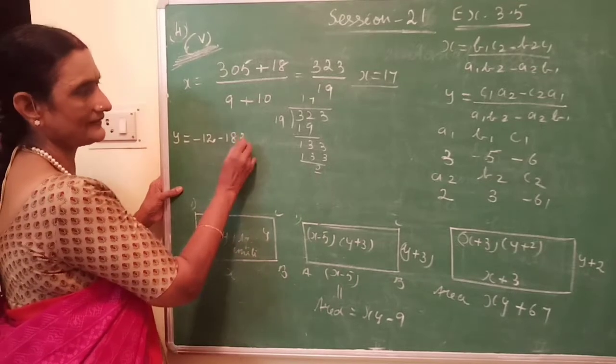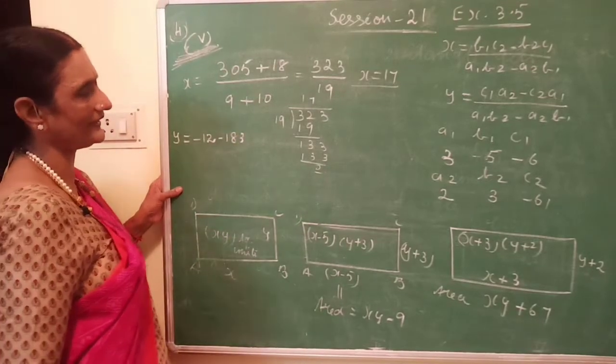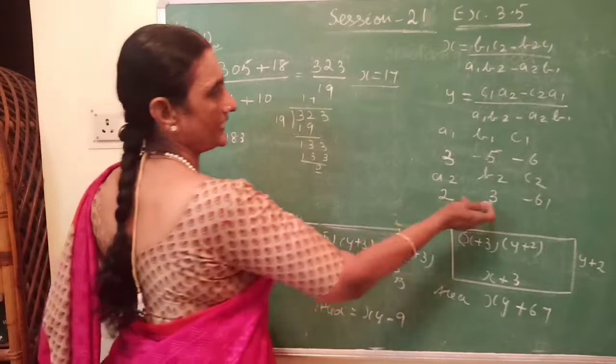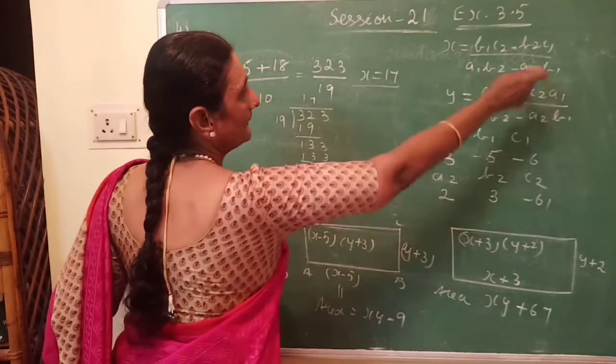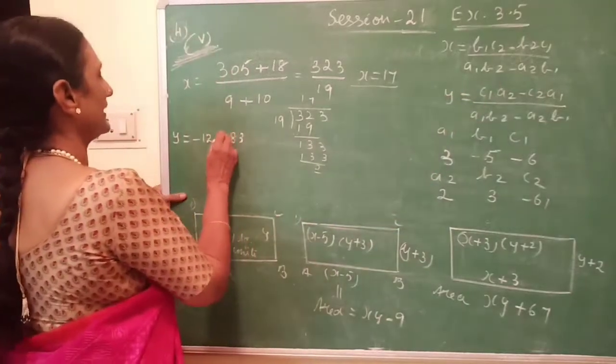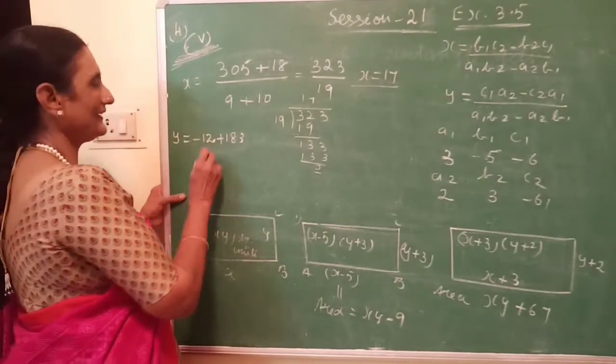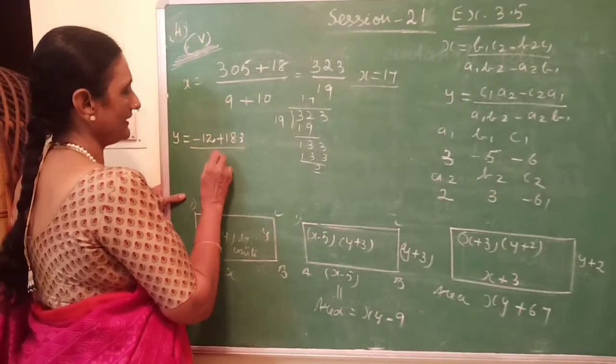Minus 183. Just check once again whether you have done it correctly. It is c2 a1, minus 61 into 3, that is 183, but there is a negative sign, so that becomes plus. And then division by 19.